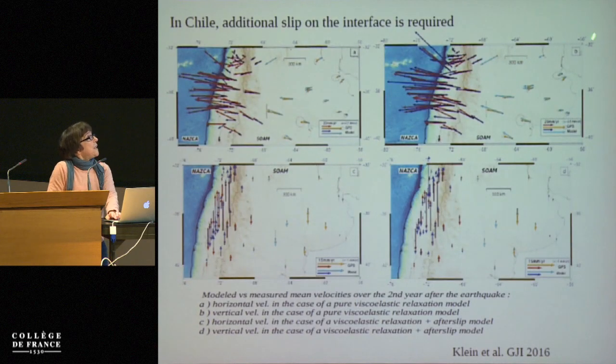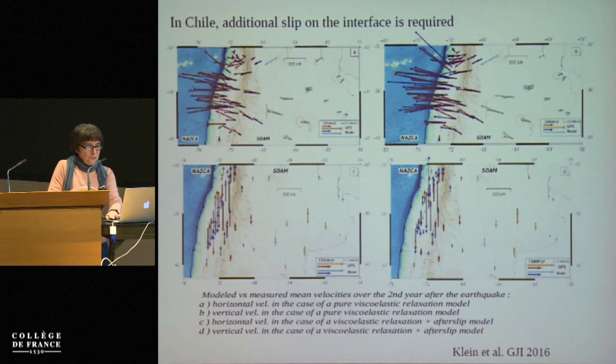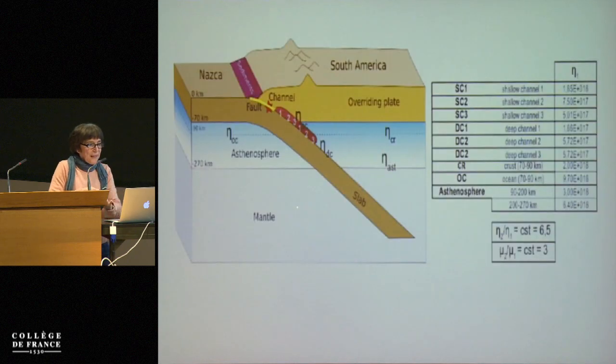And okay, we more or less get the same thing for Chile. Just in Chile, we have very good data close to the coast because the continent arrives close to the trench here. And here we need some extra slip on the subduction plane during the first 2 years after the earthquake.